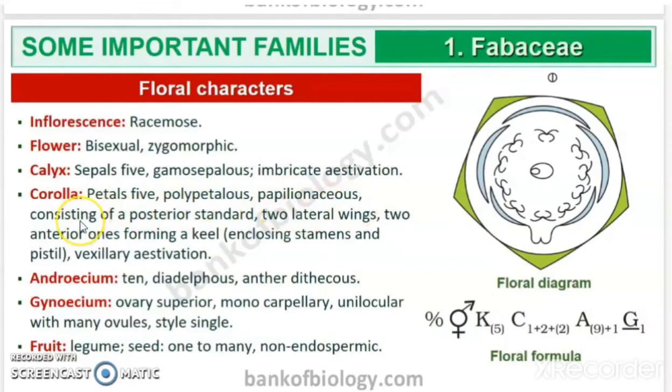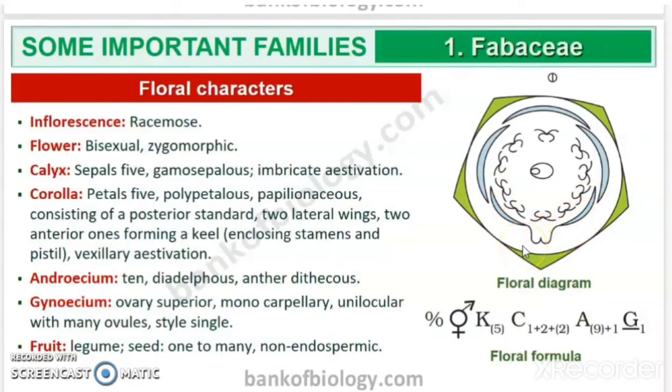So how is the vexillary arrangement of the petals? There will be 5 petals and the largest one is the standard, which overlaps the 2 lateral petals. So this is the standard petal. It overlaps 2 other lateral petals, which are called wings, and 2 anterior ones form the keel. Okay, so the 2 smallest anterior ones will form the keel.